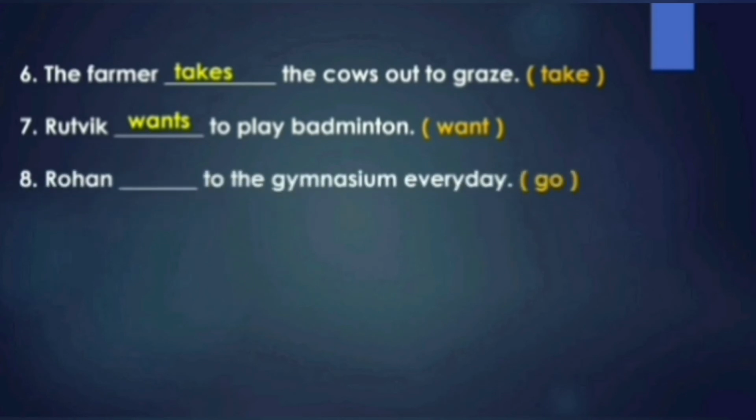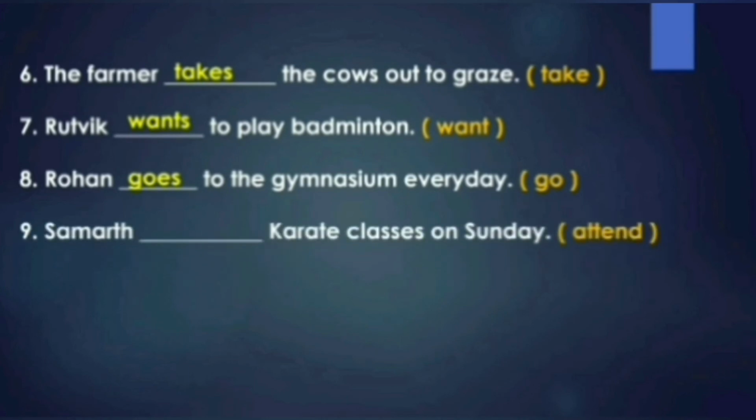Eighth one, Rohan dash to the gymnasium every day. The answer is: Rohan goes to the gymnasium every day. Ninth one, Samarth dash karate classes on Sunday.